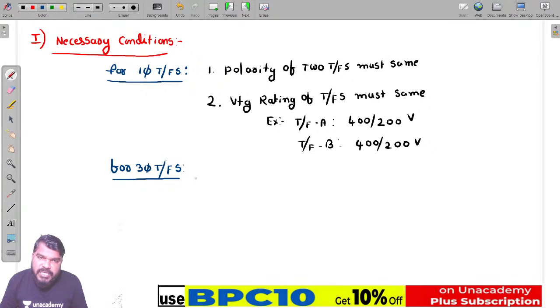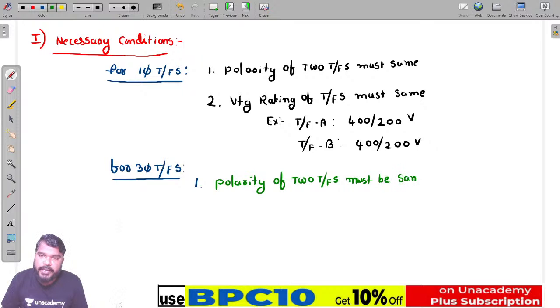The first condition is the same: the polarity of the two transformers must be the same. The second is the voltage rating of the two transformers, which must be the same.